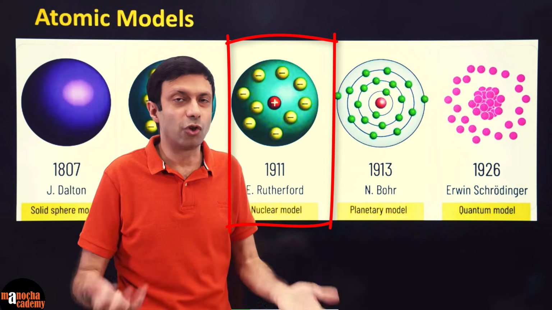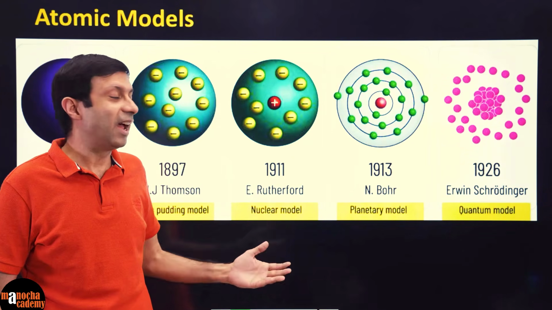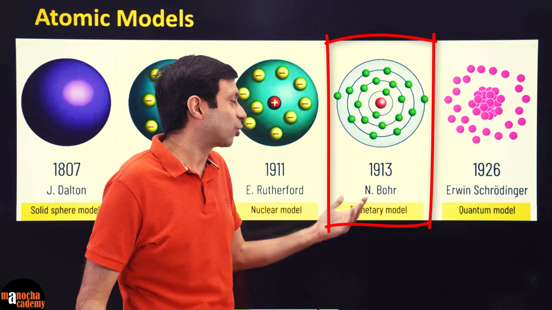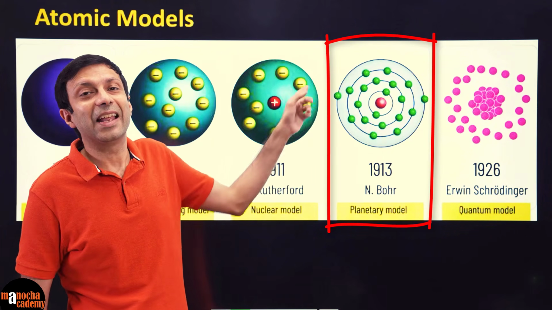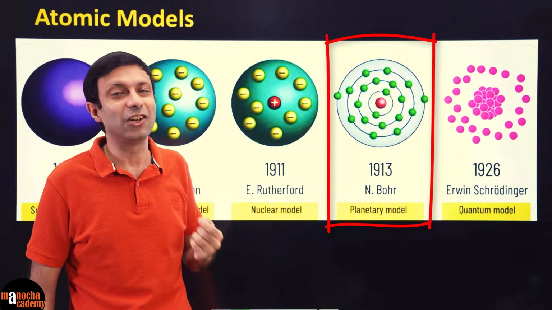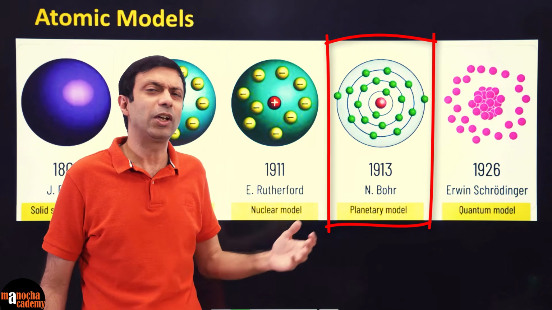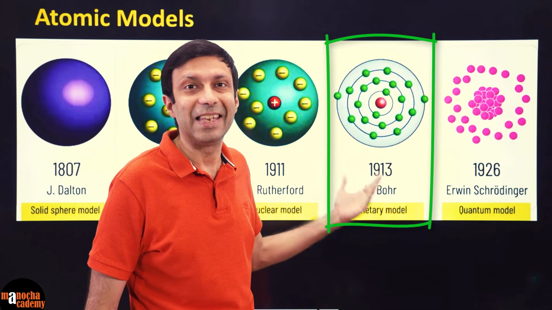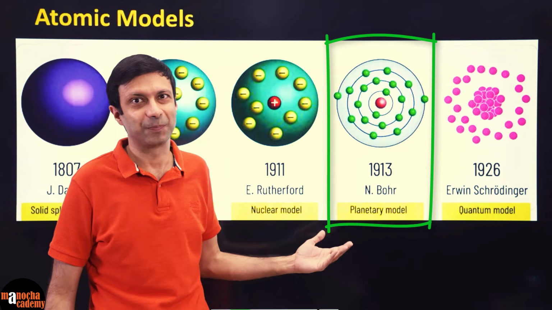But then there were drawbacks of Rutherford's model, and Niels Bohr came up with a new model of the atom, which is called the planetary model, where electrons revolve in certain orbits or shells. So we'll talk about the drawbacks, and in this video we'll focus on Niels Bohr's model of the atom.